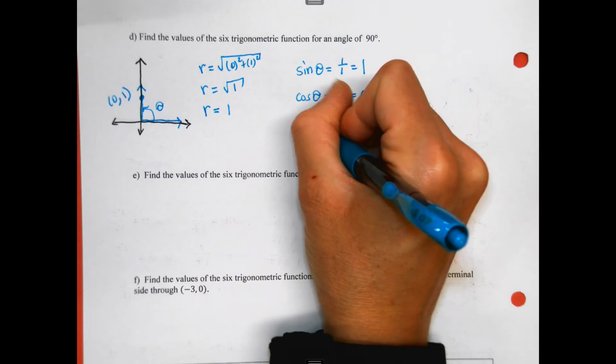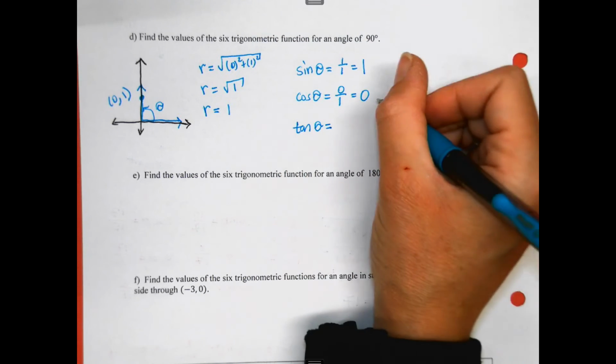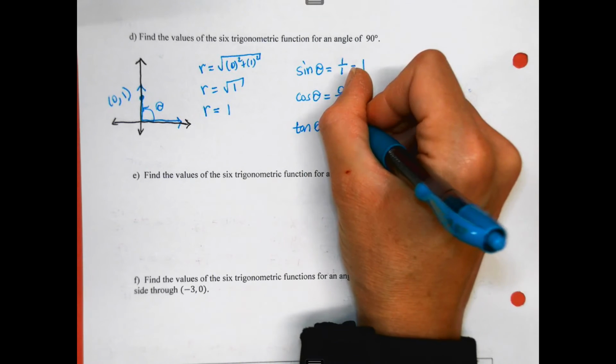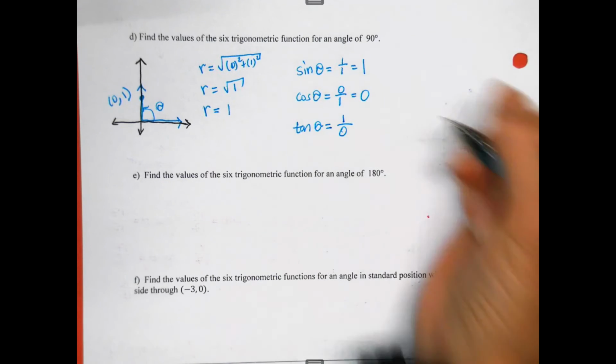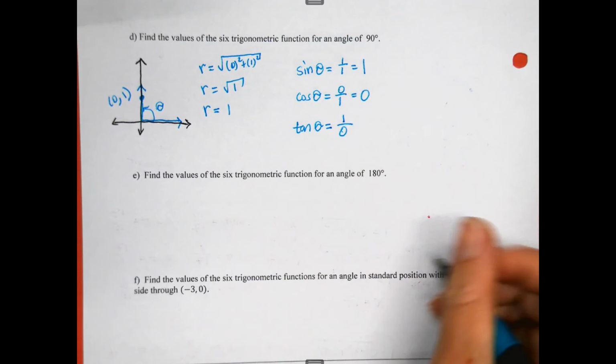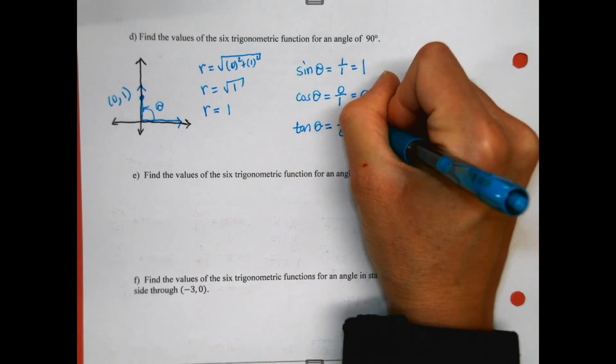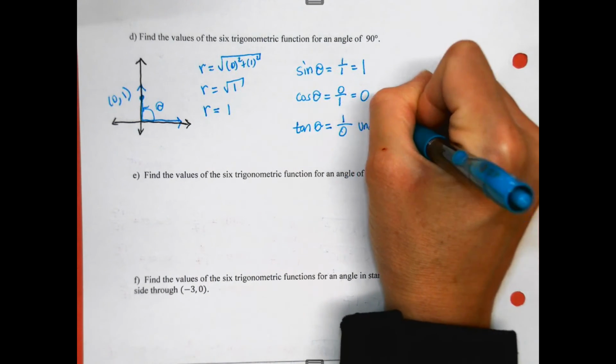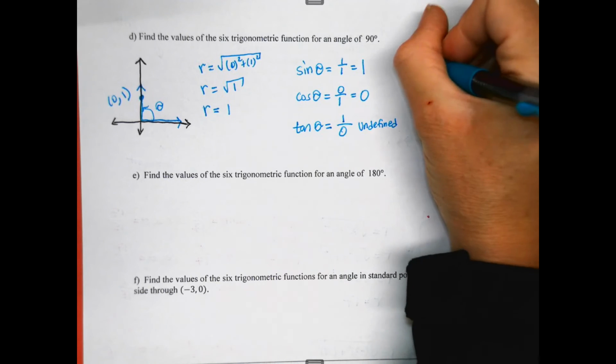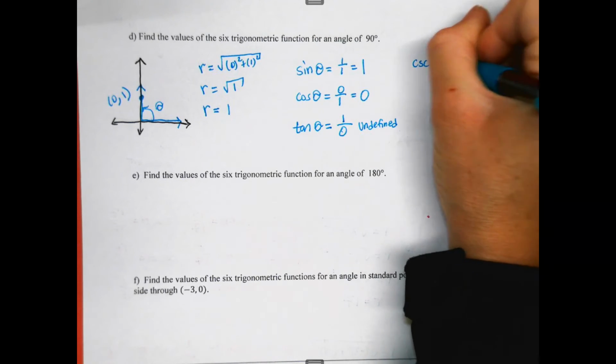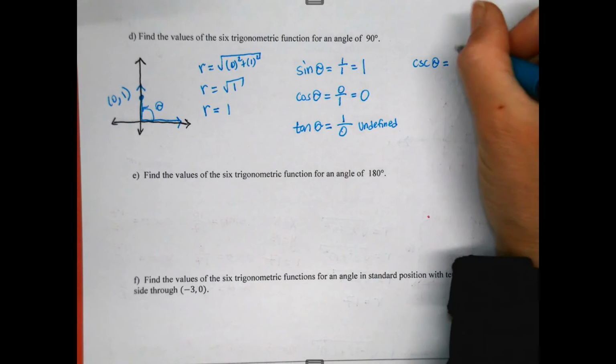Tangent of theta is y over x. Our y value is 1. Our x value is 0. We cannot divide by 0, therefore this is undefined. Cosecant of theta is the reciprocal of sine, which is still 1.